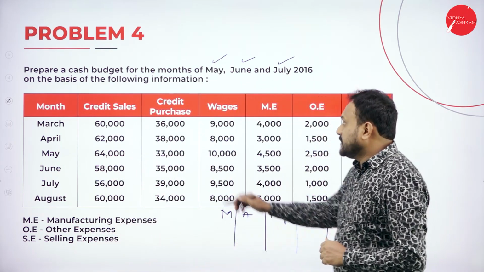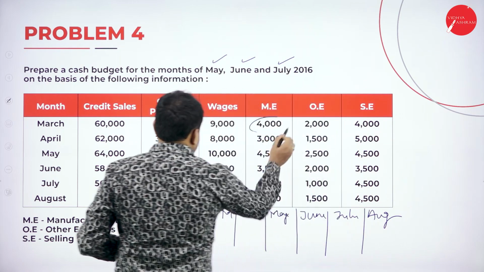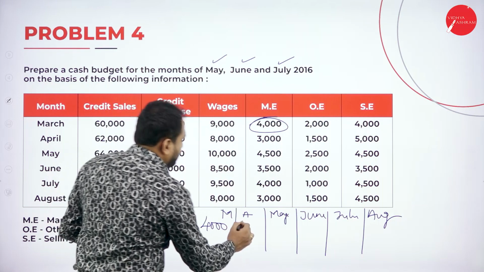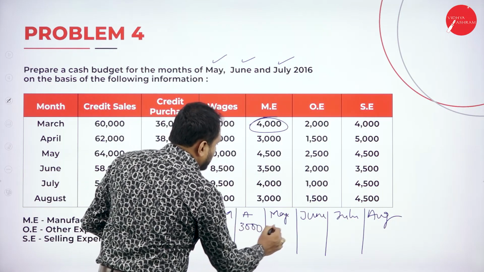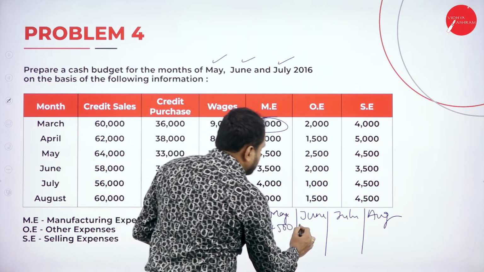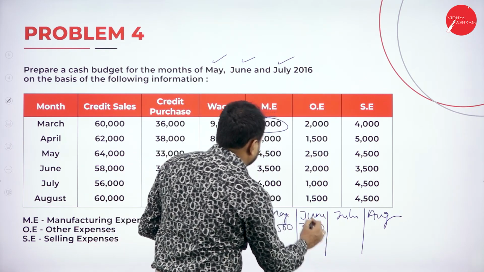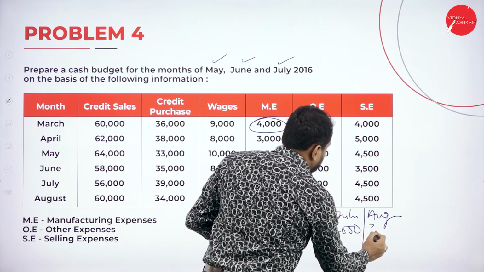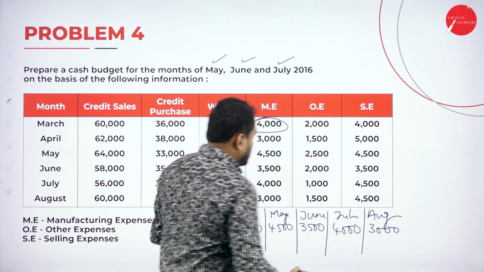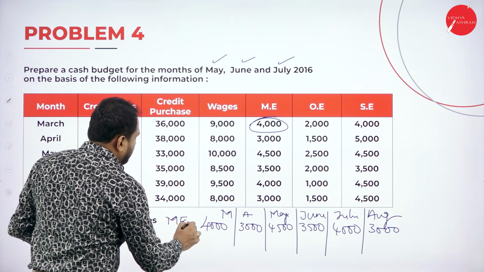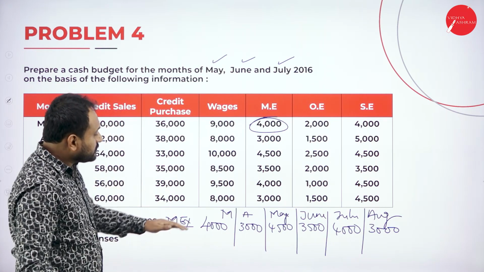So here what happens? March we have 4,000. We'll write here 4,000. Then we have 3,000, then 4,500. Next is 3,500. Next we have 4,000. And the next one is 3,000. So this is what the manufacturing expenses are.